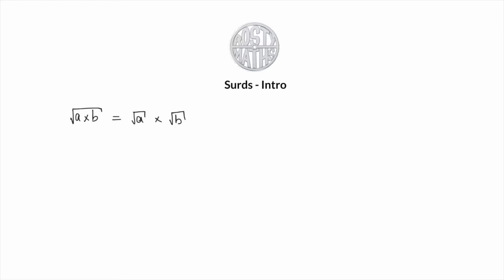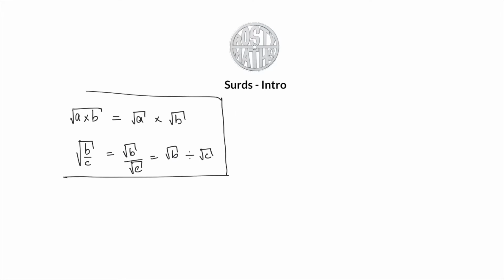Same thing if they're dividing. If I've got two surds, one divided by the other like so, I can then separate it into the square root of one divided by the square root of the other, or I can even write it like this, the square root of one divided by the square root of the other, and so on. So these rules will become really important as we get on with what we're doing today.